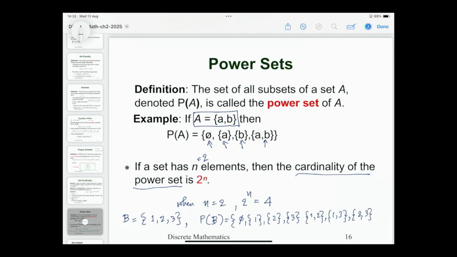Anything else? 1, 2, 3, right? So that would be 8 total. So the size of this is 8, 8 members of the power set.